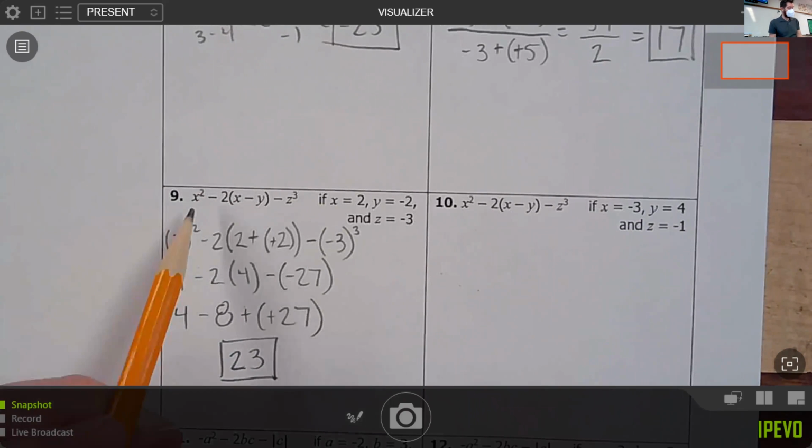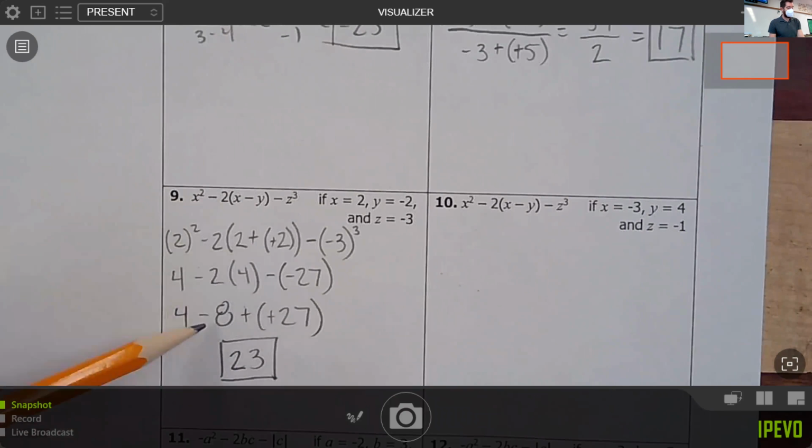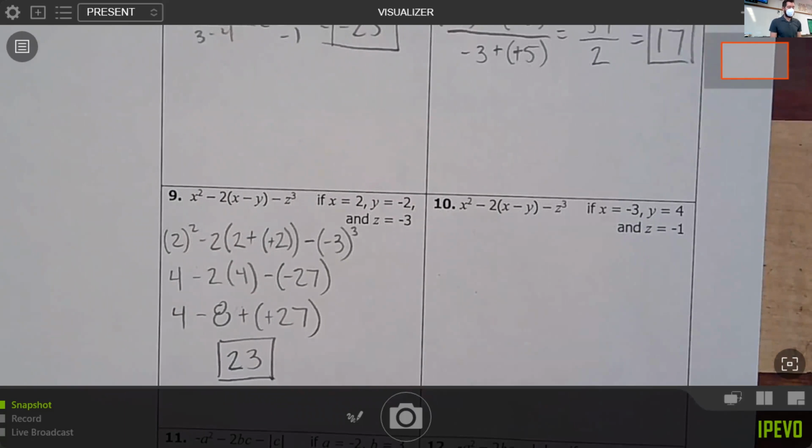Because the minuses that start in the problem have to remain in the problem. So this minus here stays the whole way until we get to here, and we can change it to adding the opposite. This minus here stayed in the problem the whole way. So when we introduce a negative versus keeping an original minus, figuring out which one is which can be a bit of a challenge.